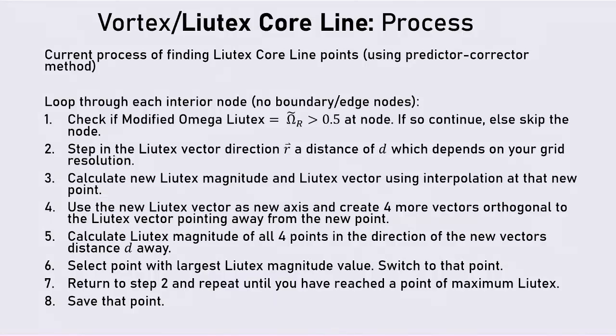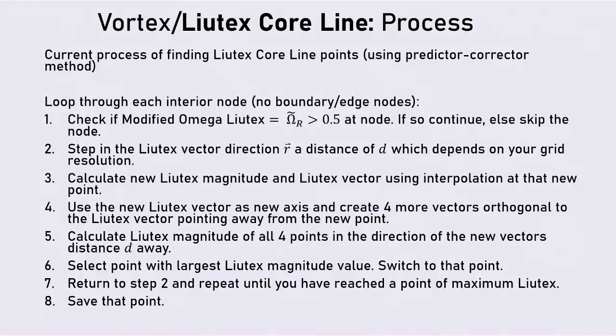So we interpolate to find the new values so we can take another step if we need to. That's basically step 3 and 4. And then 5, we calculate the Liutex magnitude.